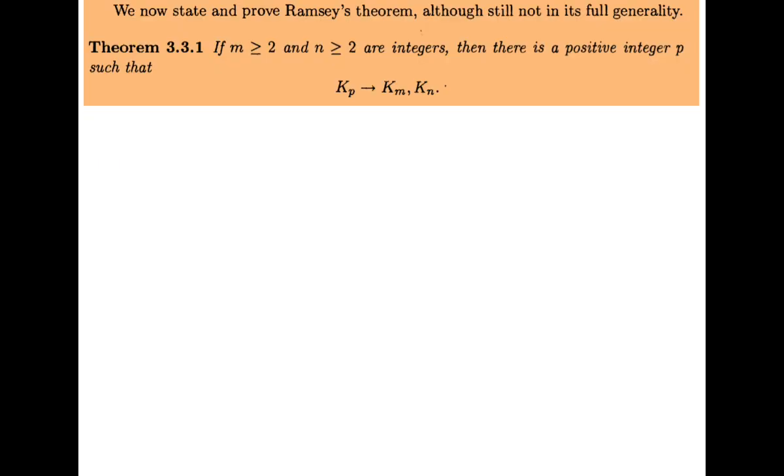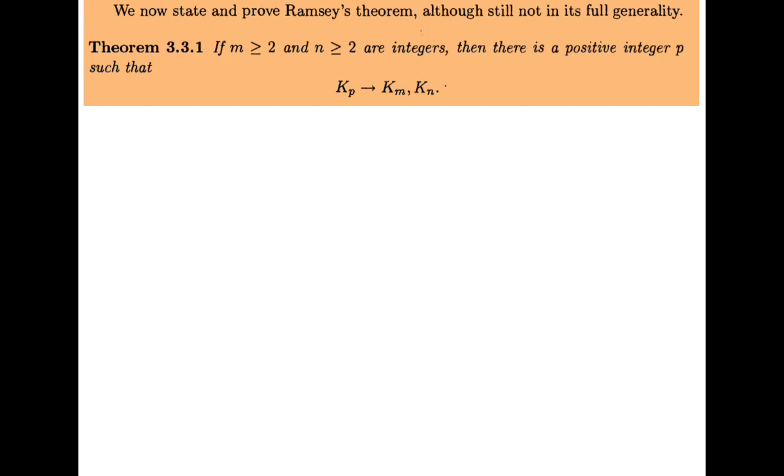So now comes the Ramsey theorem, which says that consider any two integers m and n, pick any value, for example 15, 17. So for these two integers, there is always a positive integer p such that Kp goes to Km, Kn.